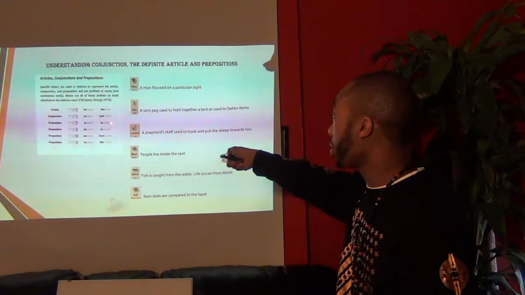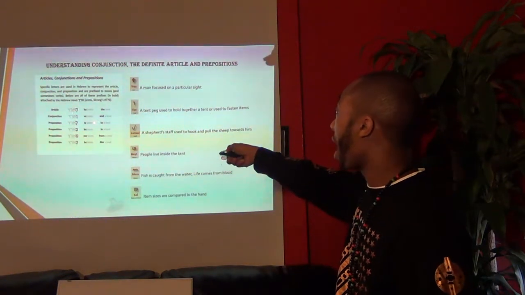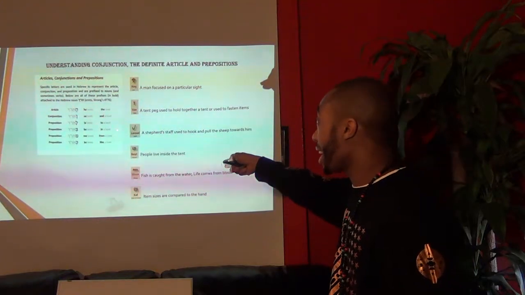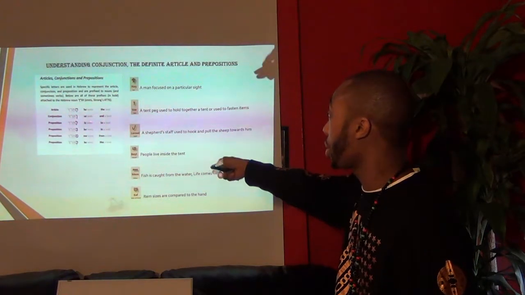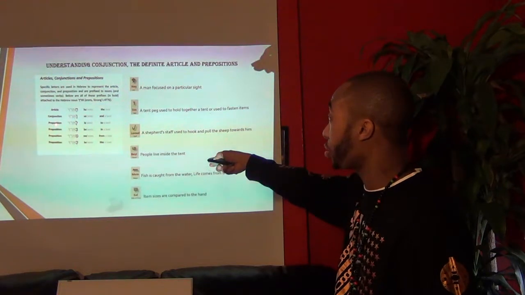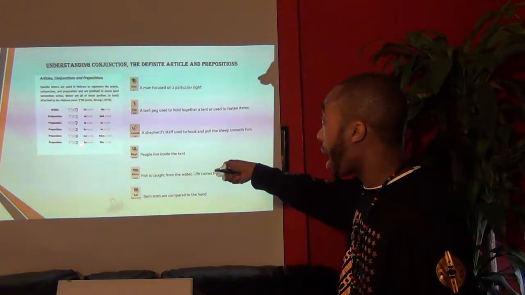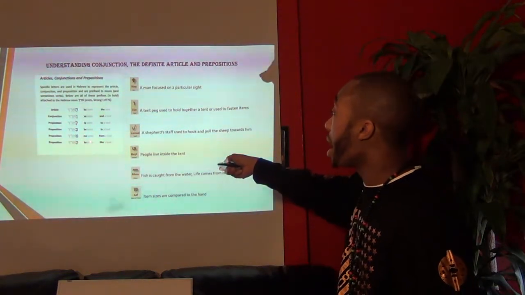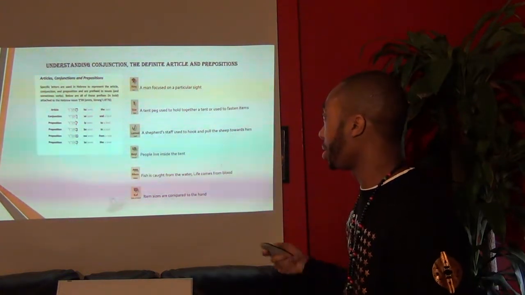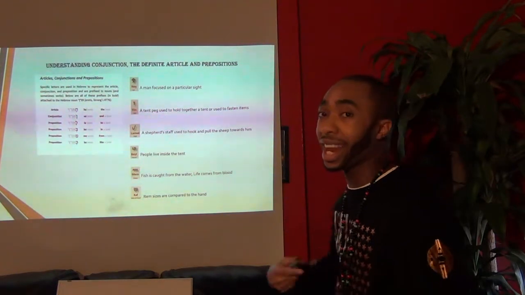We have ha-eretz, which means the land, with a hey prefix. Va-eretz means and a land, because we have wav attached to it. La-eretz means to the land, because we have a lamed affixed to it. Be-eretz means in a land, because we have the bet affixed to it. We have me-eretz, which means from a land, because we have the mem affixed to it, and we have the kaf, which means like a land.